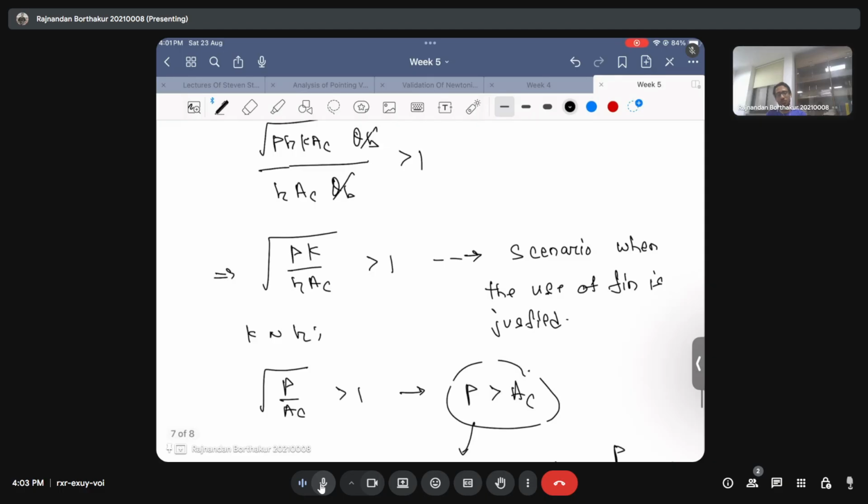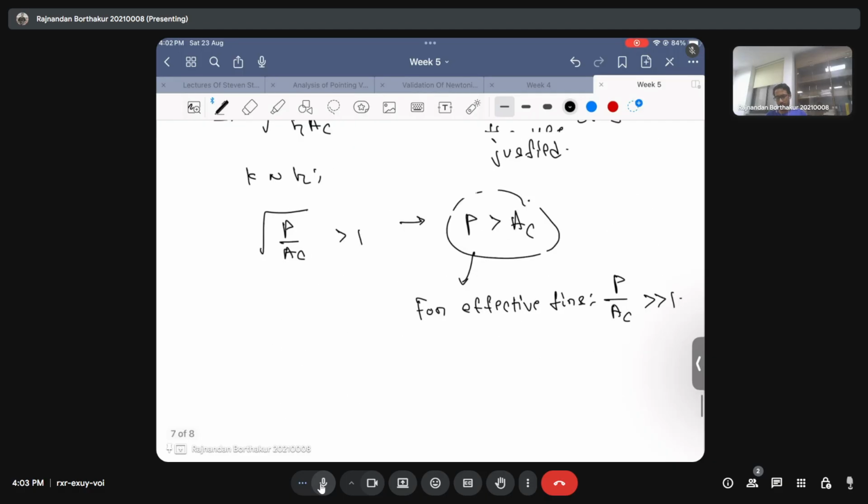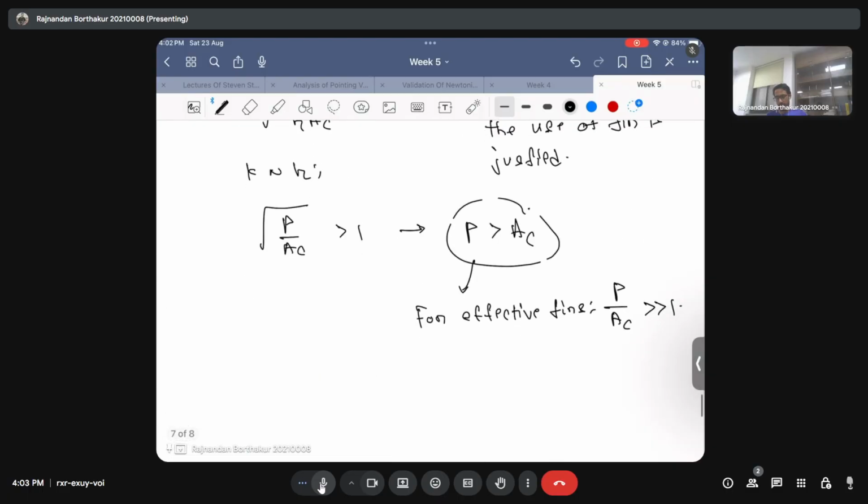And that's why you see very slender, very thin fins. The width of the fin is very thin with respect to its length, because you are just maximizing the perimeter to cross sectional area ratio of the fins. Okay, all right, that is something I want to convey here.